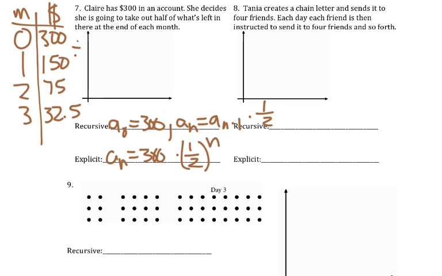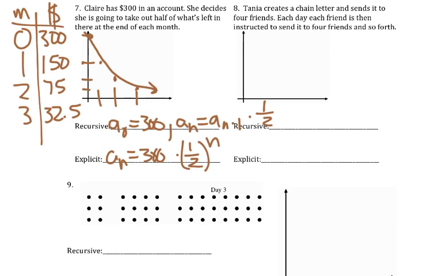Then we start out graphing. There's 300. After the first month, we go halfway. After the second month, halfway. Third month, halfway, and so on. So we just keep curving down like that.